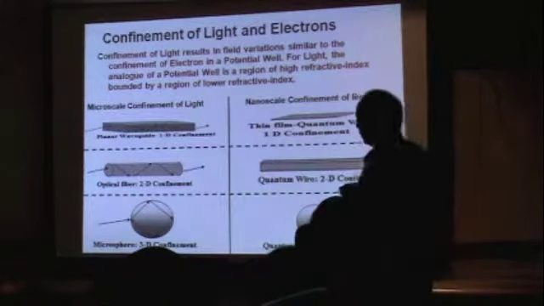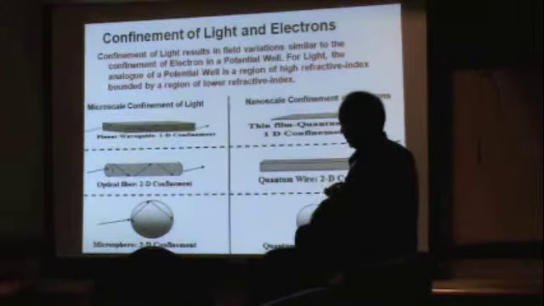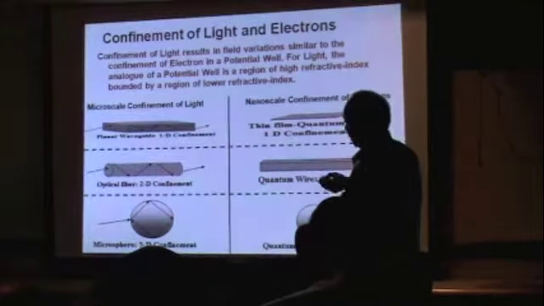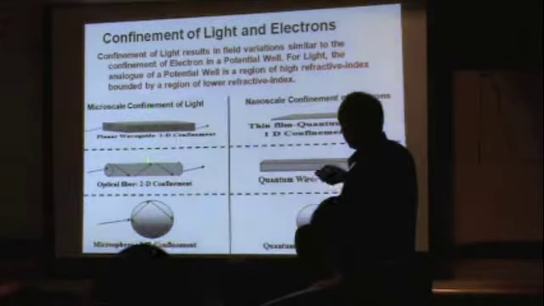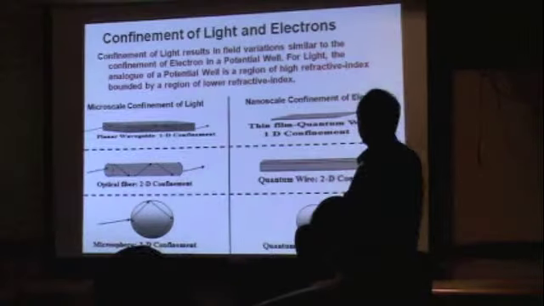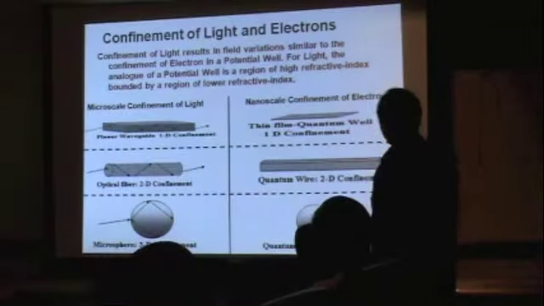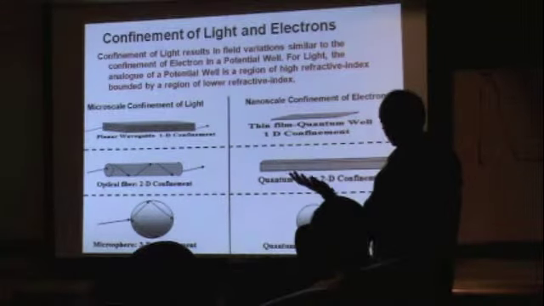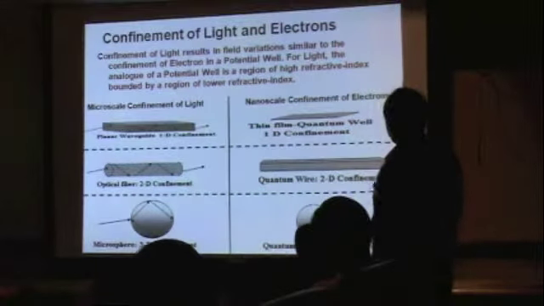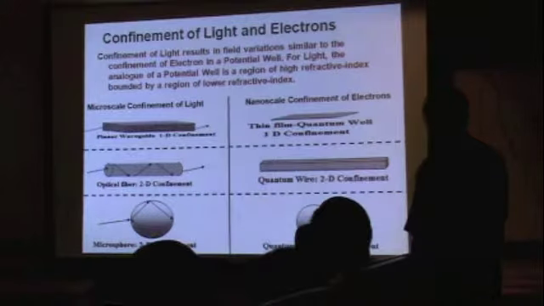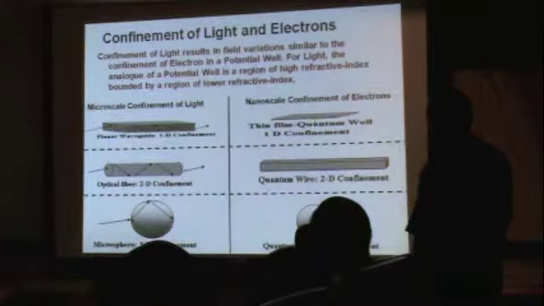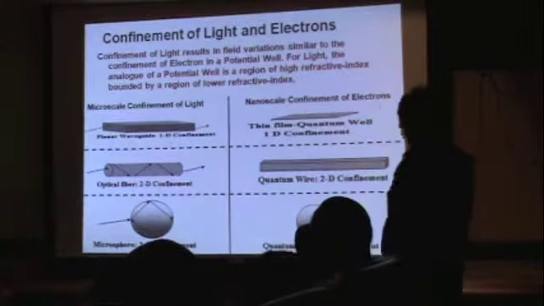And so you have 1D confinement of light. This is called a planar waveguide. The confinement is only in this direction, so it's a 1D confinement. A similar thing we can have for electrons. We can have 1D confinement of electrons, like in a thin film of a semiconductor, and that is called a quantum well. It has some very interesting properties that we will touch upon.